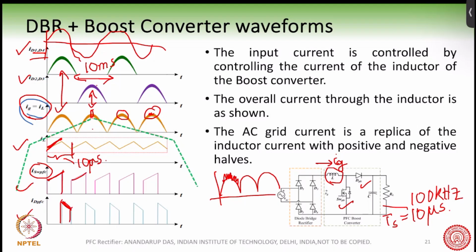Again, it is rising and falling like that, in that small window where the total switching period of this MOSFET and diode is 10 microseconds. This is how you will visualize it, or how it will appear.